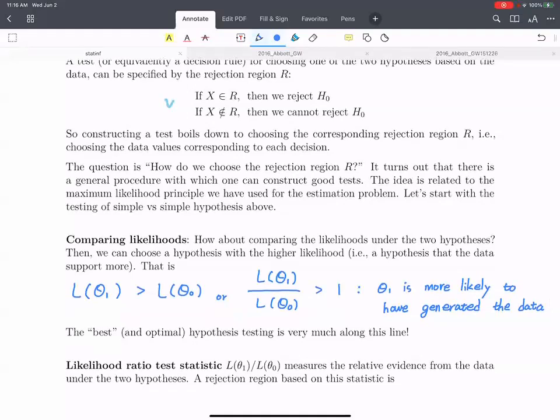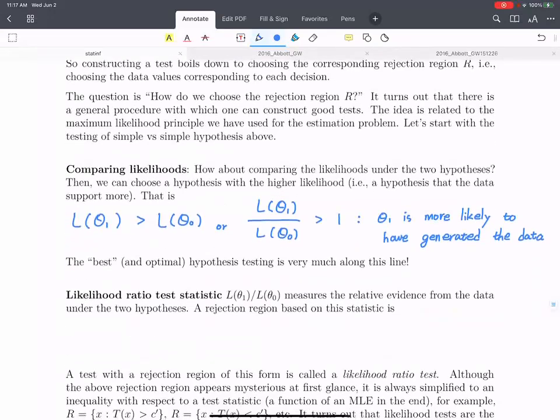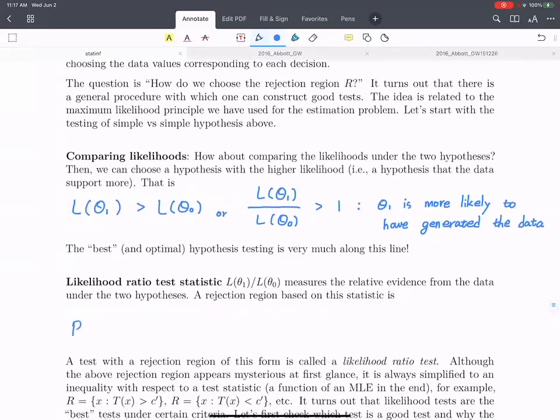We are basically comparing the likelihood under the possibilities in the alternative and the possibilities in the null hypothesis. The best testing procedure is consistent with this concept. The likelihood ratio test defines the rejection region as the set of data such that the likelihood ratio is greater than some constant.